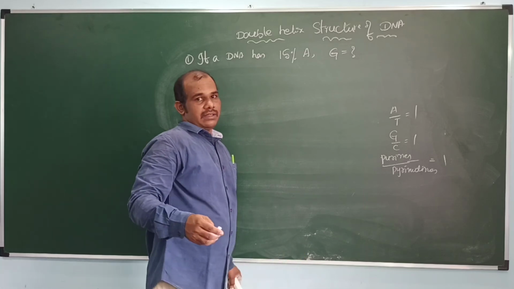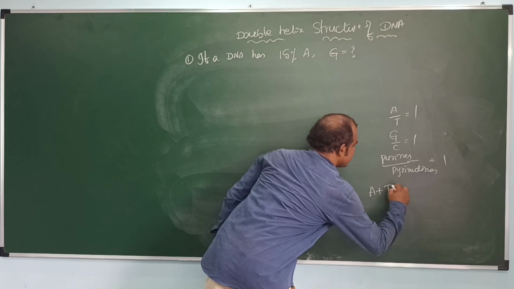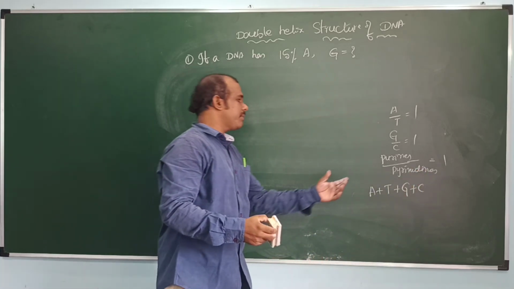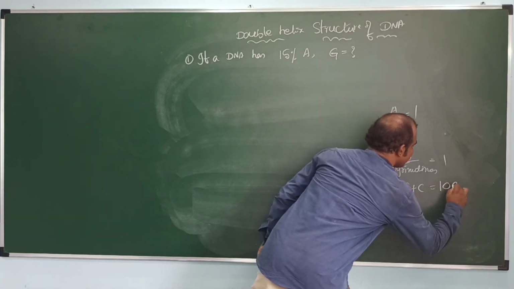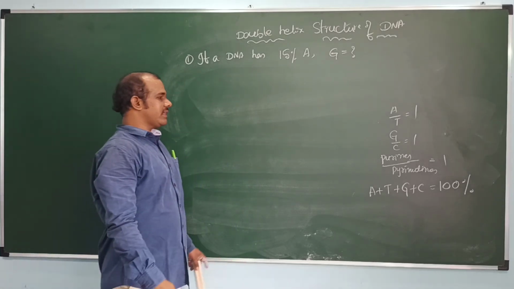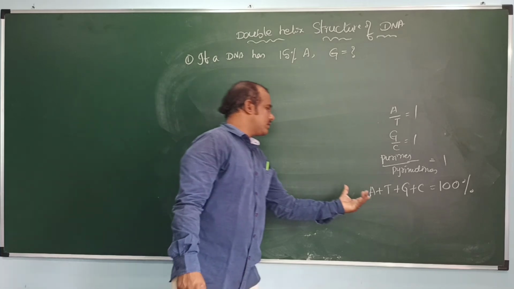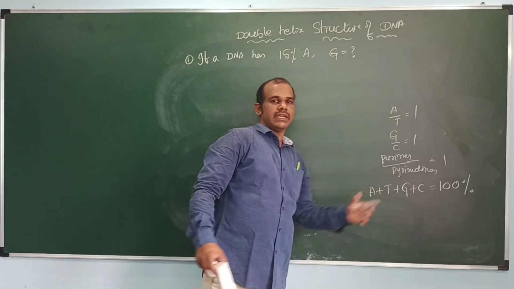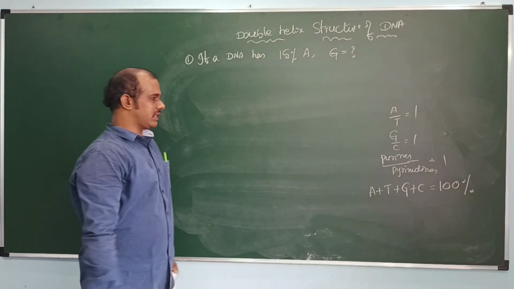And another Chargaff rule is that the total percentage of base pairs in a DNA is considered as 100%. The total percentage of adenine, thymine, guanine, and cytosine in a given DNA is considered as 100%.